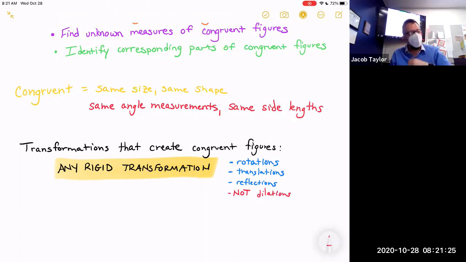Dilations are the bad ones. Dilations cause a figure to be larger or smaller. If a figure becomes larger or smaller, it's not congruent because it must be the same size. When you dilate something, it's not the same size anymore.